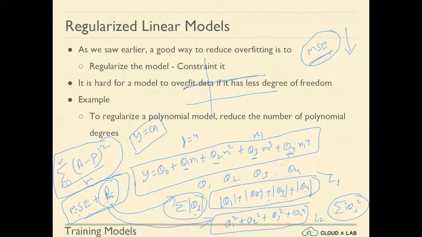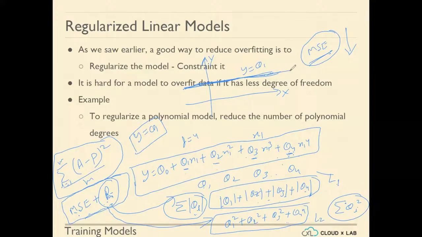This line cannot capture a non-linear relationship, right? If we have the x-axis here and the y-axis here, y equal to theta 1 is this line, right?